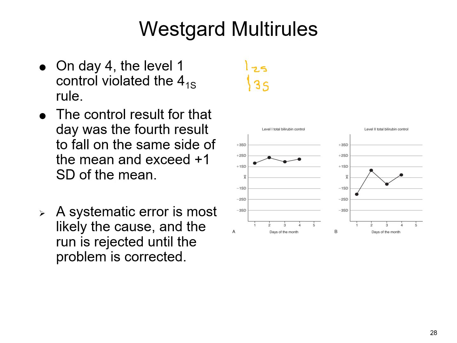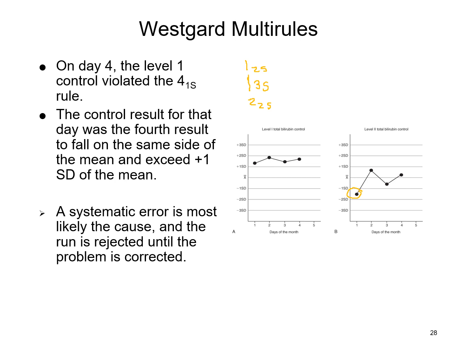No. Do we have 2 values that are outside of 2 standard deviations? Well, we don't have any value right now that's outside of 2 standard deviations other than on day 1, but we're not really evaluating that. We would have evaluated that on day 1. So we're looking at day 4. We do not have 2 values that have violated the 2S rule on day 4.